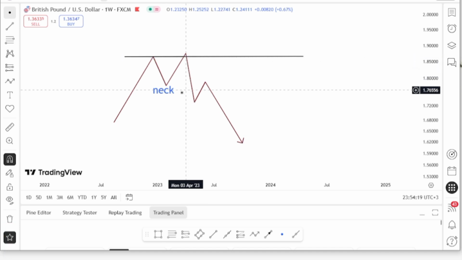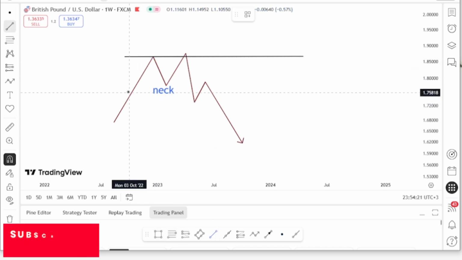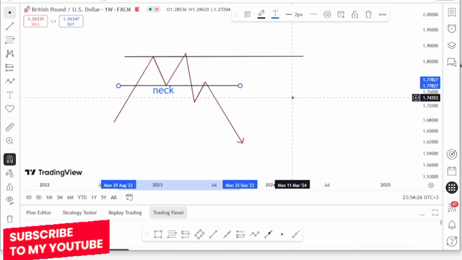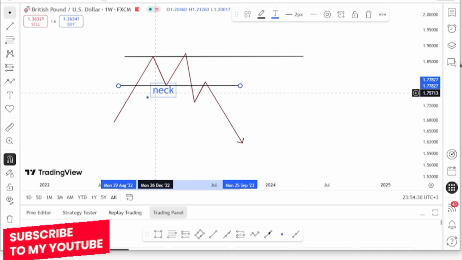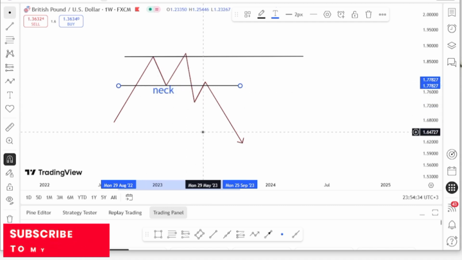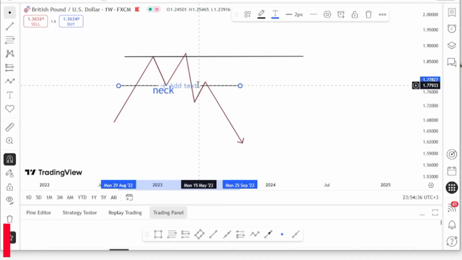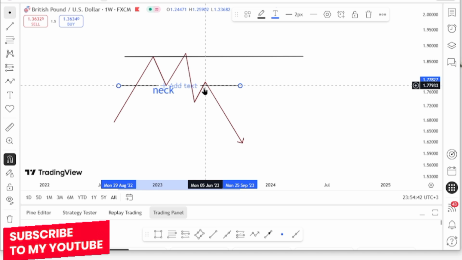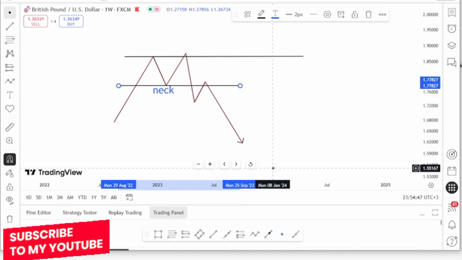To confirm this market and enter a sell, you need this market to break this neckline. Then when the market breaks this line, it retests this neckline so that this support changes to resistance. So for you to confirm, this market has gone down.